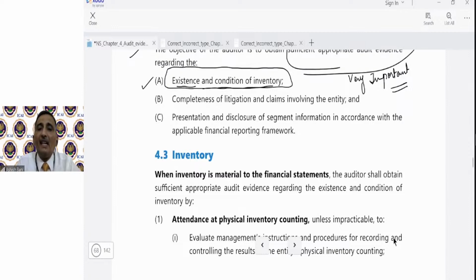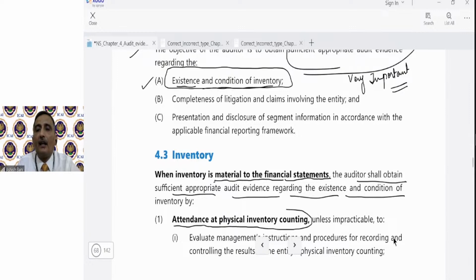So when inventory is material to the financial statements, the auditor shall obtain sufficient appropriate audit evidence regarding existence and condition of inventories by how? By attendance at physical inventory counting.